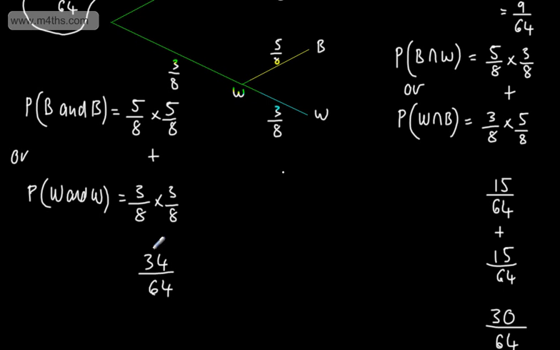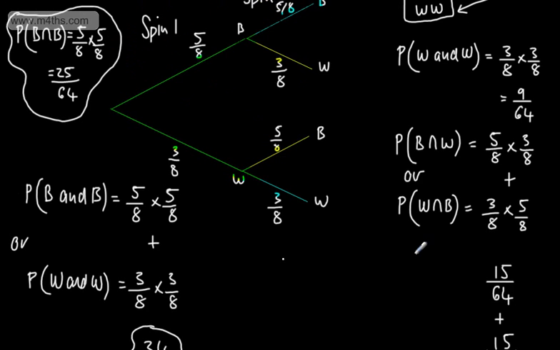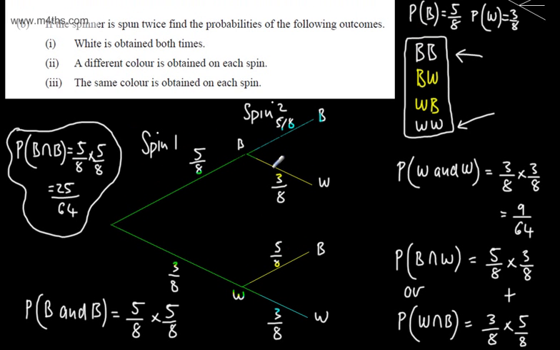At this stage, I just want to stop, because if we look across here, what we've got now is 30 over 64. We could have simply said it's 1 minus that probability, as these are the other two scenarios that might happen. We could have looked at other scenarios.